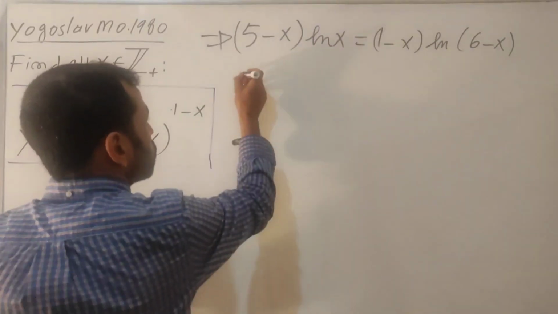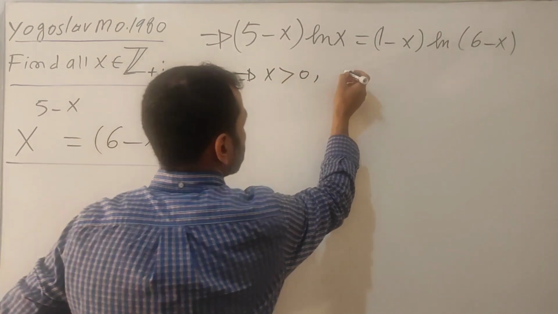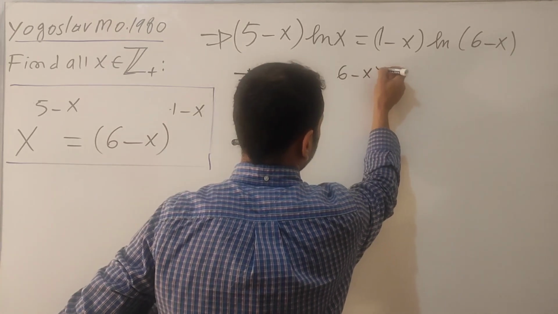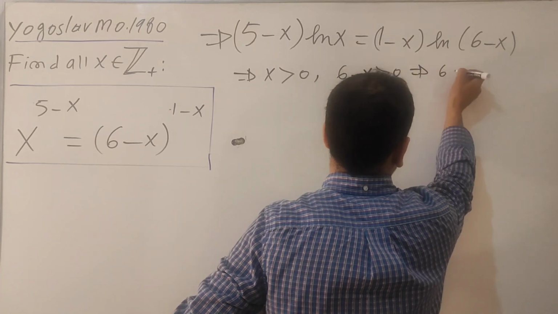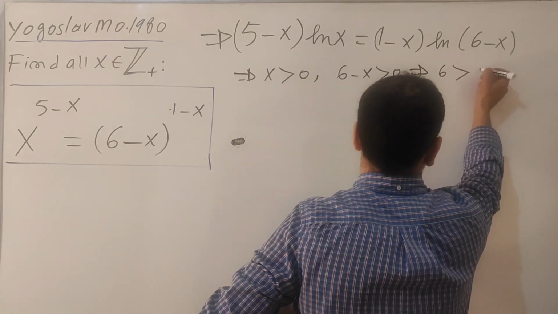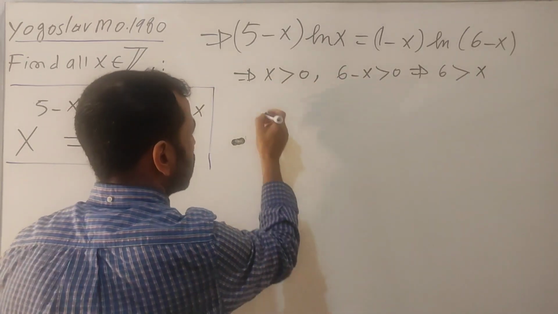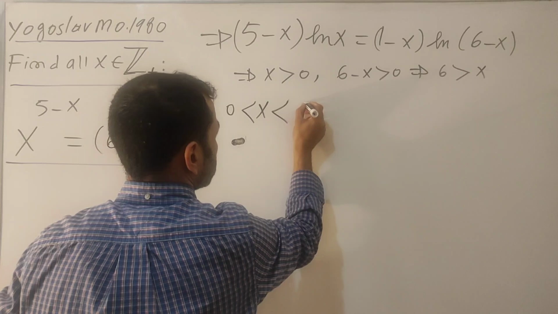So we have two things here. x must be strictly greater than 0, and we need 6 minus x strictly greater than 0, which gives 6 is strictly greater than x. Putting this together, x runs between 0 and 6.